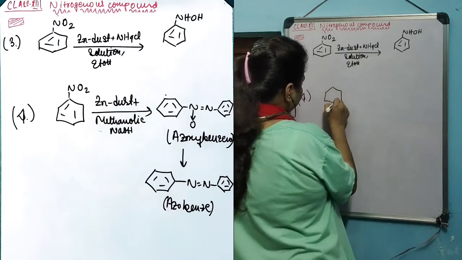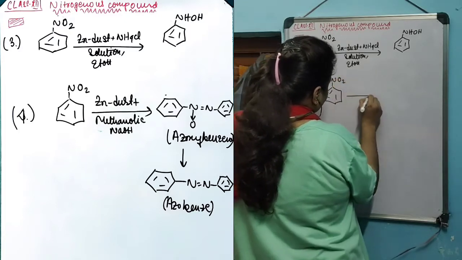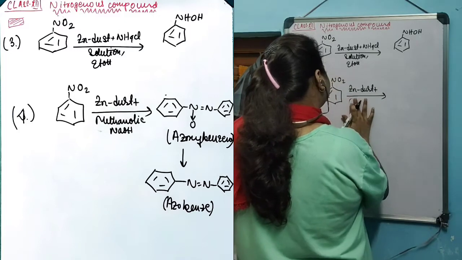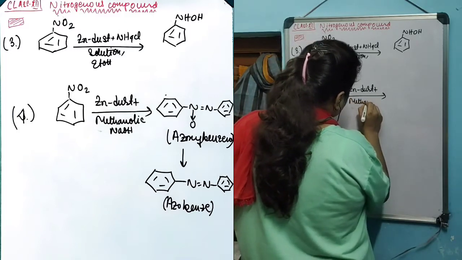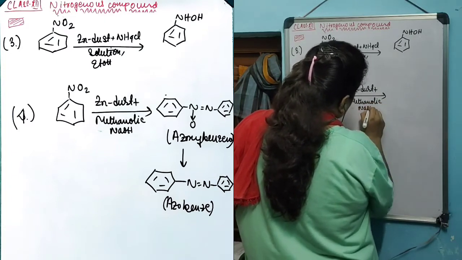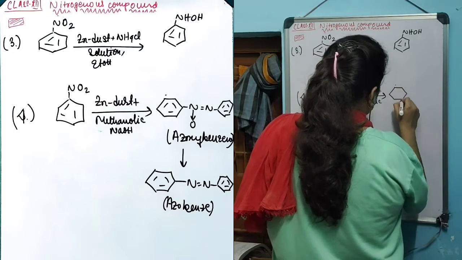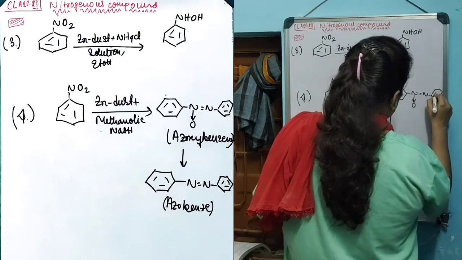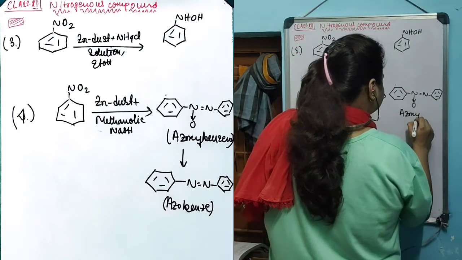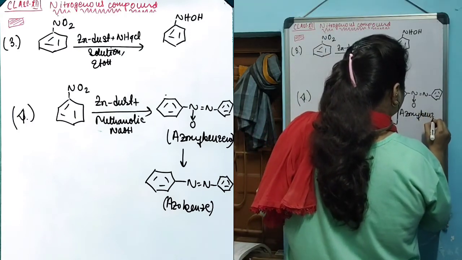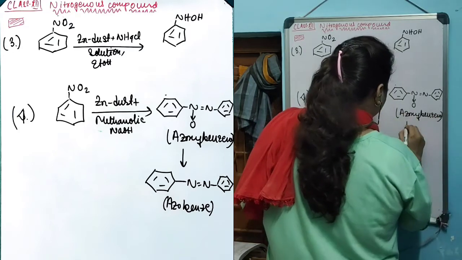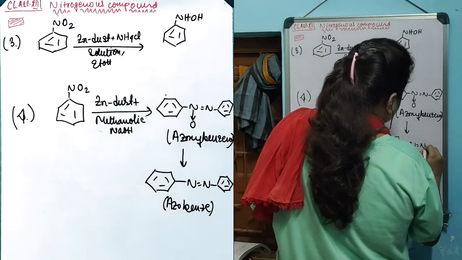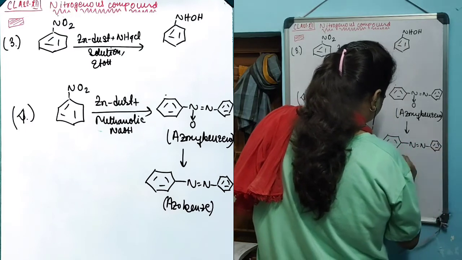But when nitrobenzene is treated with zinc dust in presence of methanol, NaOH, azoxybenzene is formed, which then spontaneously forms this azobenzene.